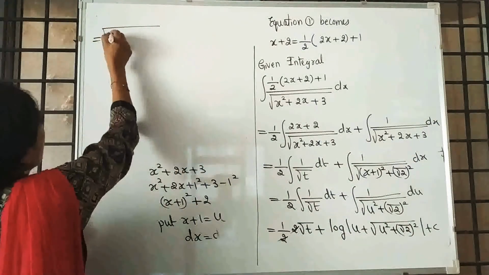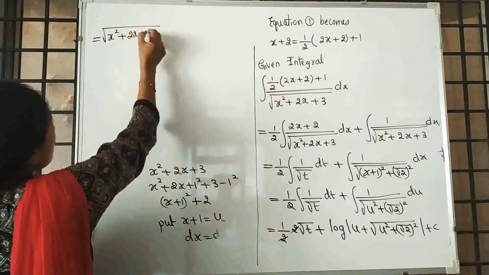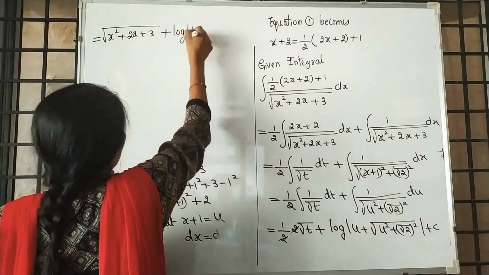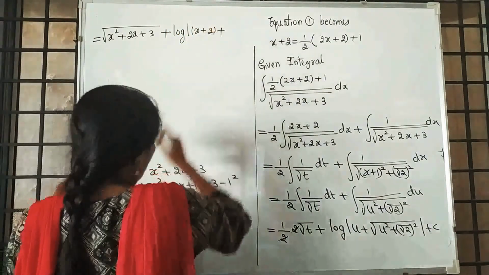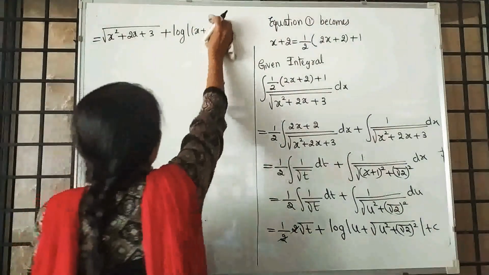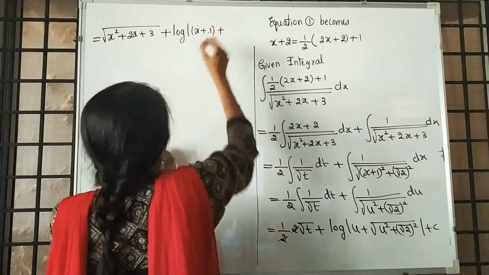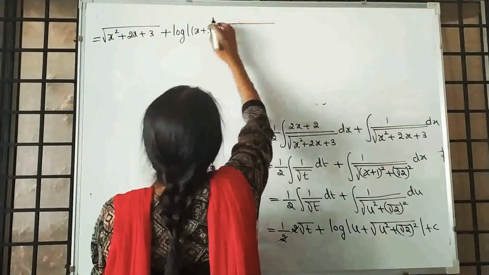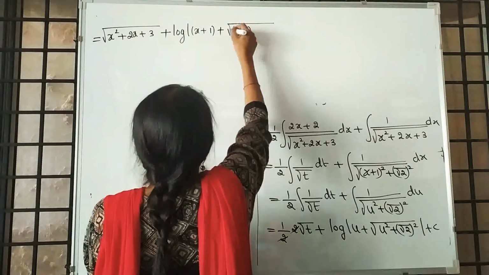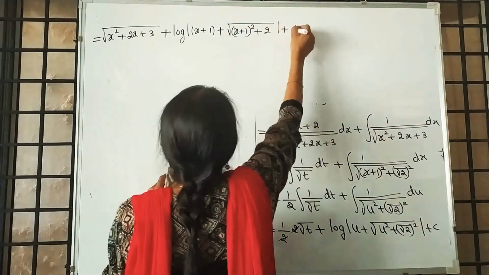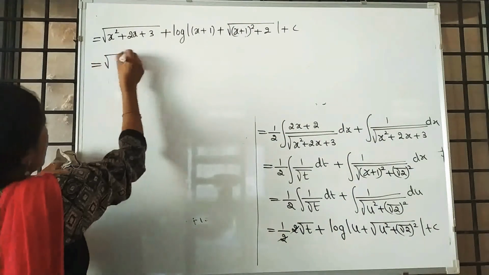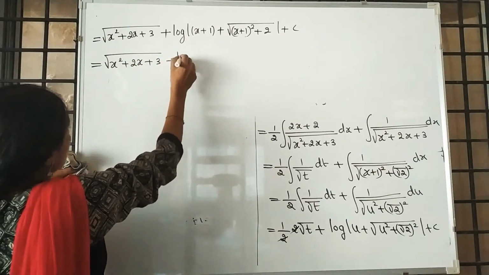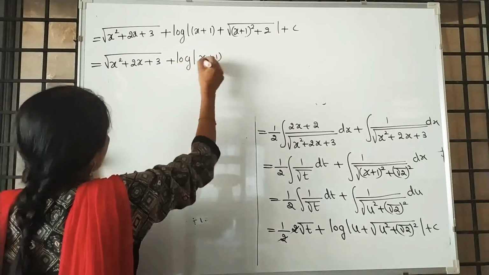Root of t is x square plus 2x plus 3 plus log of, what is the u value? u is x plus 1, plus root of x plus 1 whole square plus root 2 square is 2, plus 3, or it will be written as x square plus 2x plus 3, plus log of x plus 1.